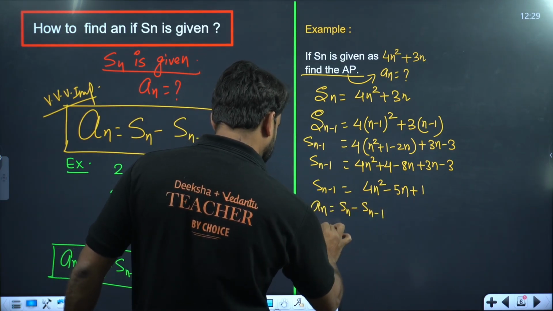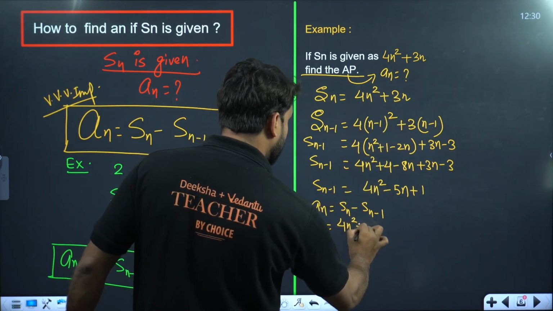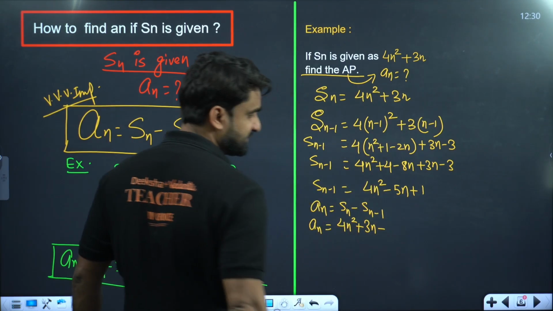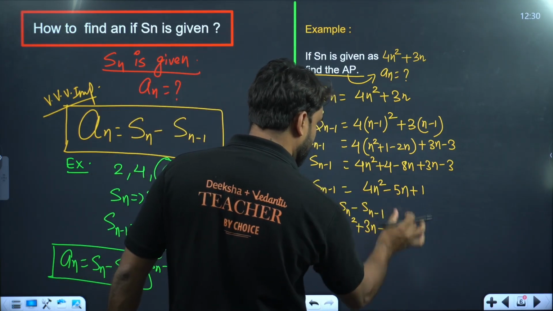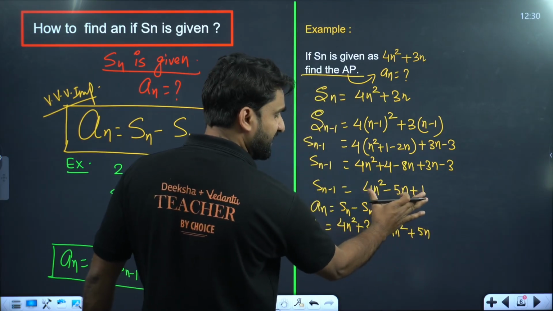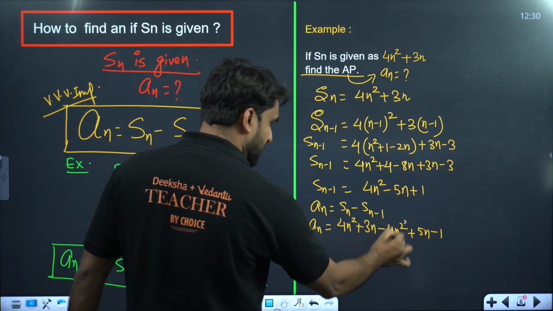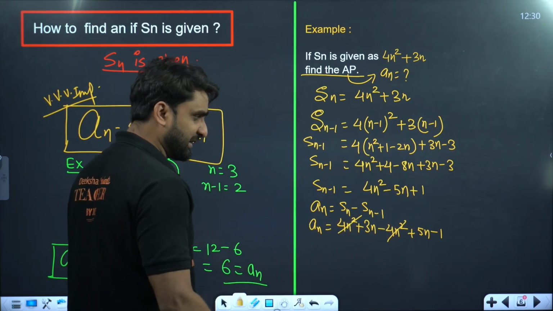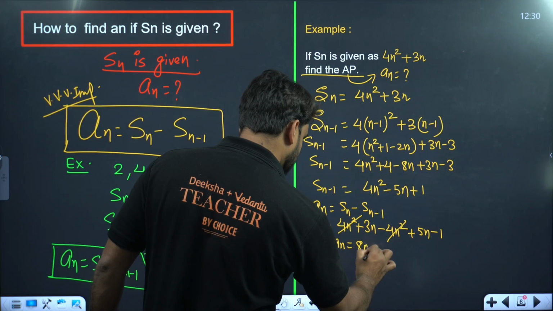So where is Sn? Sn is 4n square plus 3n, minus this whole bracket. So 4n square will become negative and the negative will become positive, because we are subtracting the complete bracket. So minus 4n square plus 4n square cancel. 3n plus 5n will be 8n, so 8n minus 1.